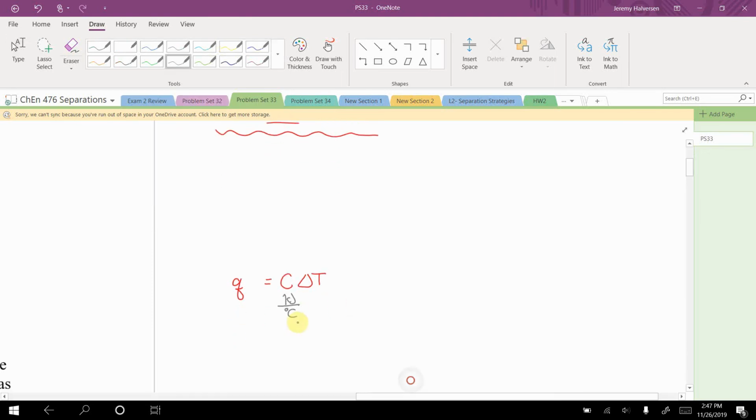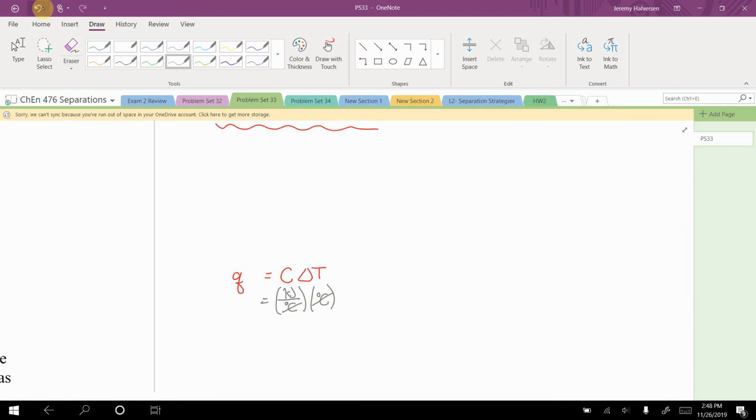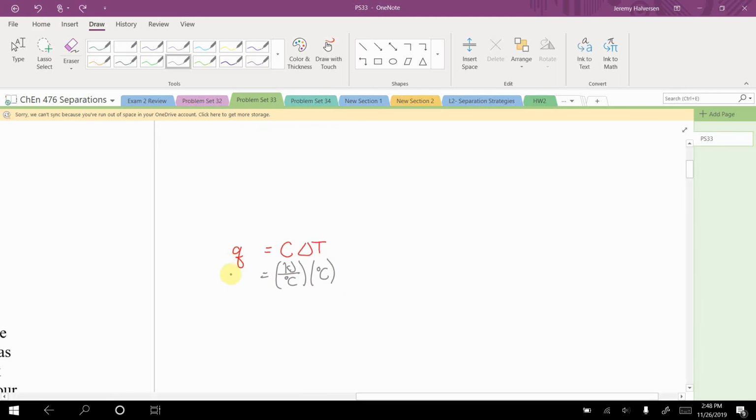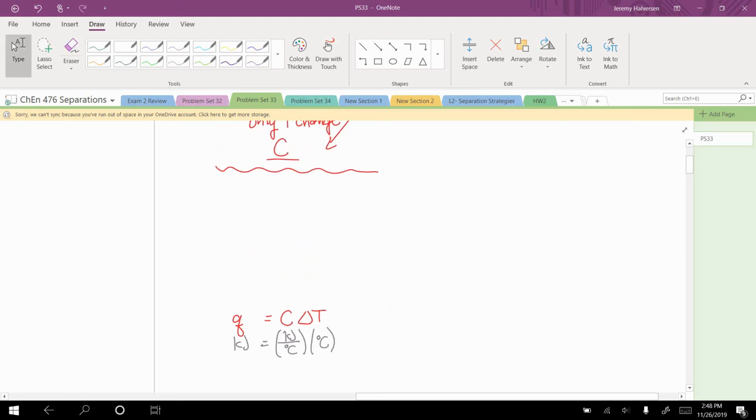If I take this kilojoules per degree Celsius C and multiply it by a change in temperature, which is in degrees Celsius, the degrees Celsius cancel, and I'm left with Q, which is just kilojoules. In other words, if I want to change the temperature of something a certain amount, I can take that change in temperature, multiply it by the heat capacity, and that gives me the heat required to change the temperature that much.